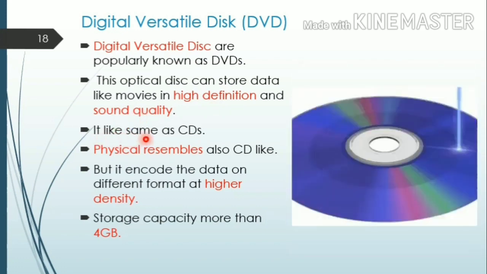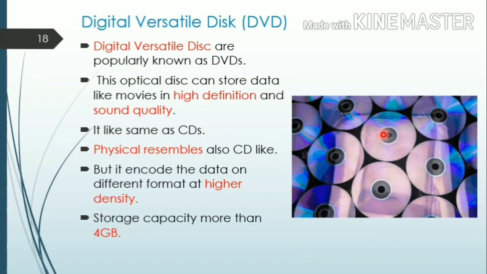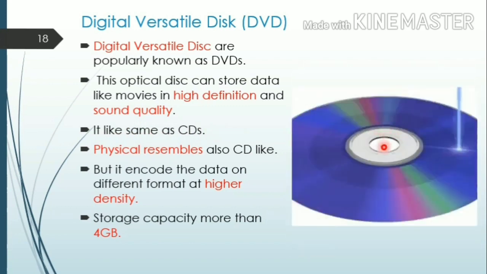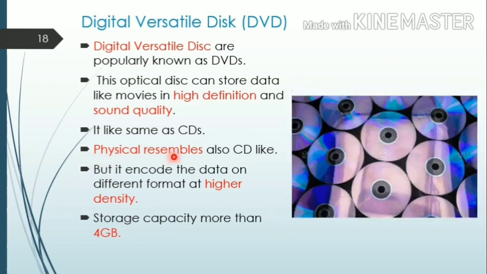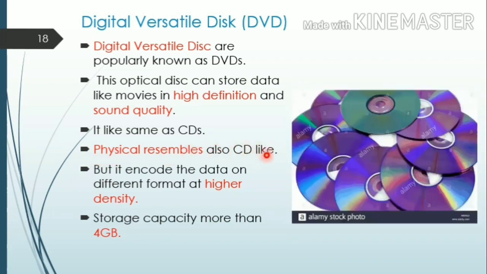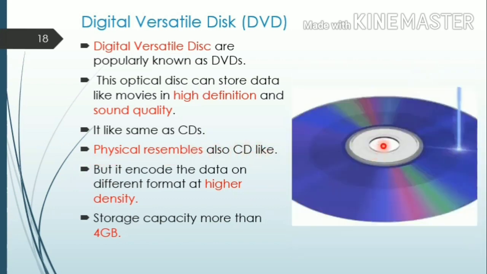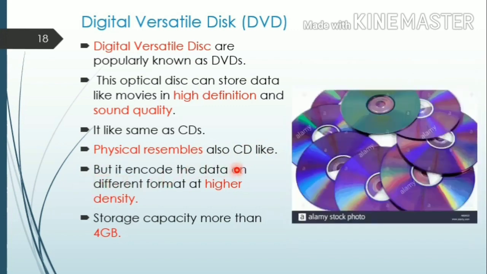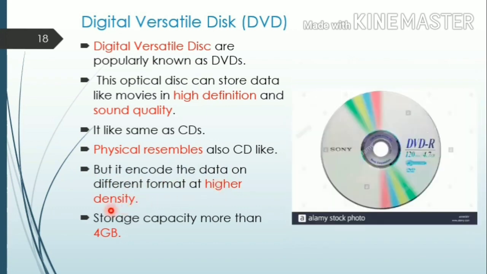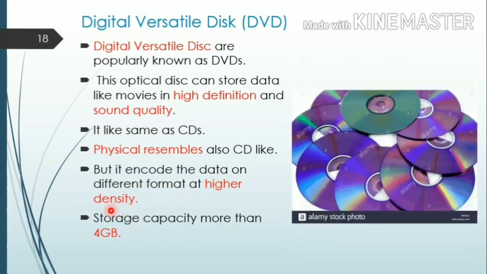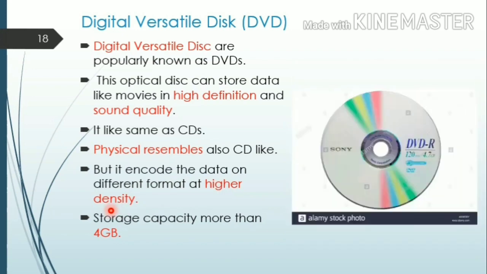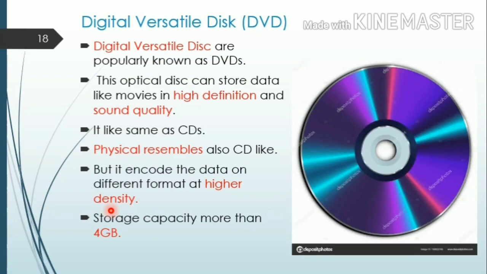Now it is the same as CDs. You look at these DVDs, they are the same as CDs. Physical resemblance is also CD-like. You look at the pictures, it is like a CD only, but it can encode data in a different format, higher density. It means whatever data and instructions are recorded on these discs have very high density.